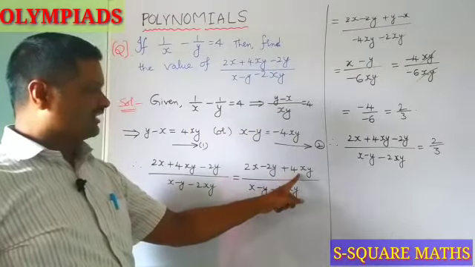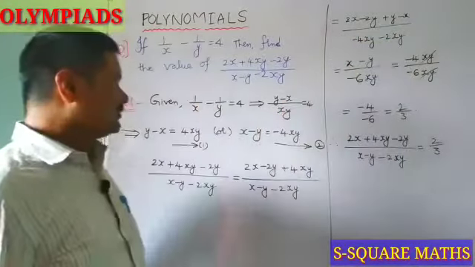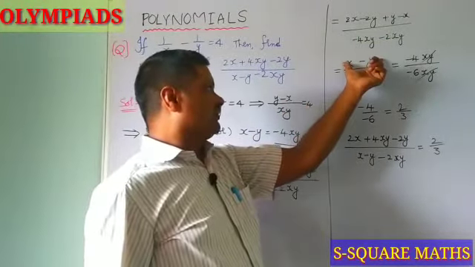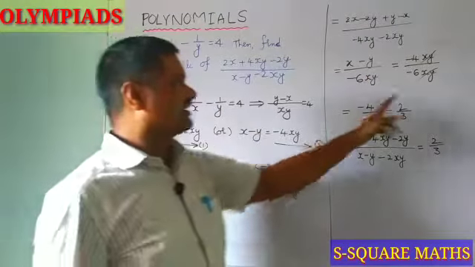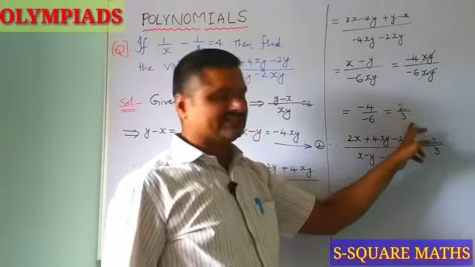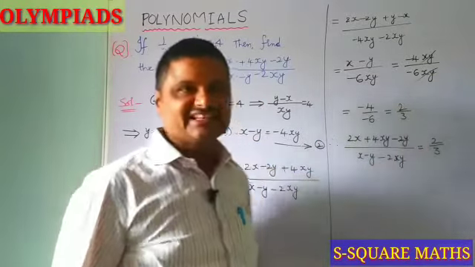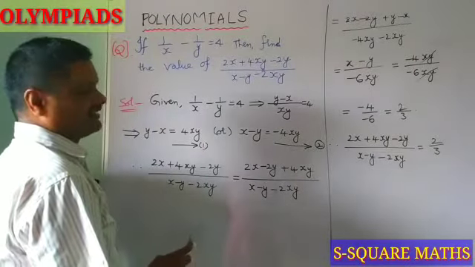Wherever we are going to get 4xy and 2xy, substitute. Later again here we are going to get x minus y, so x minus y again stands for minus 4xy, again resubstitute here, so minus 4 by minus 6 which gives you 2 by 3. Like this, in this way we can proceed with our problem to get the result.